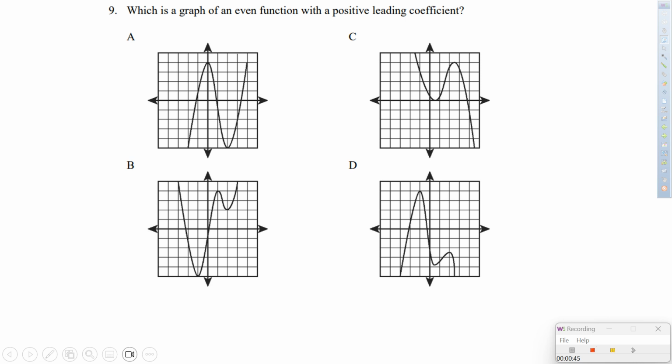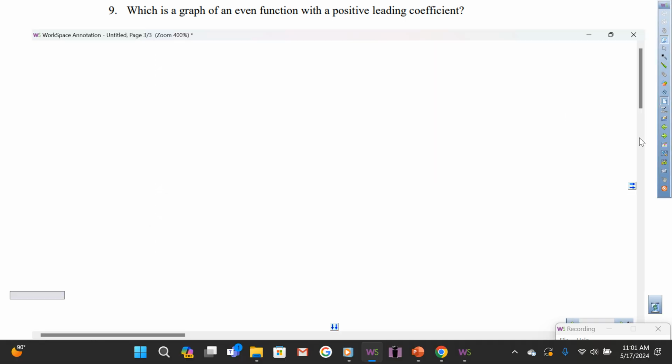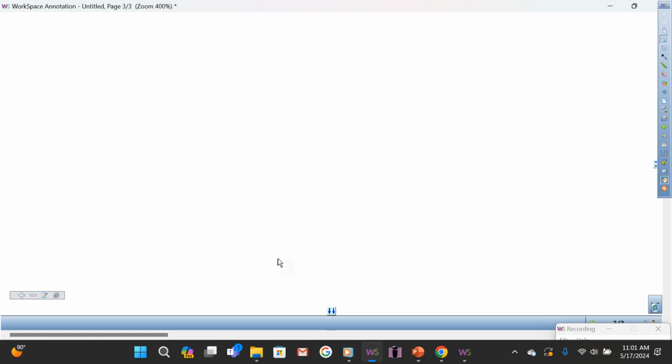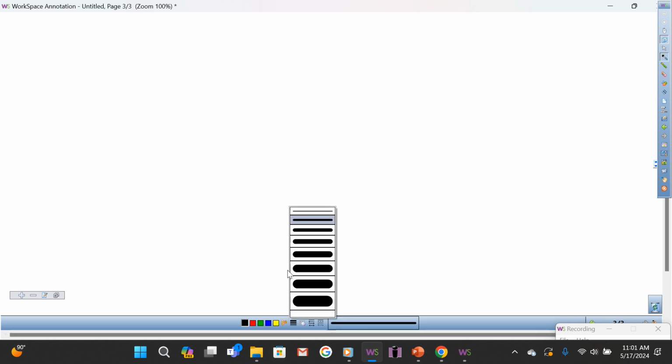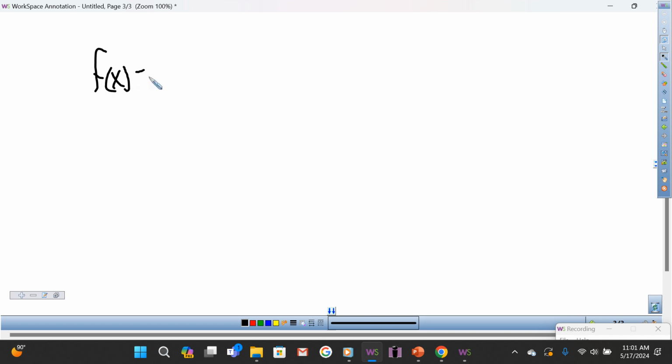Before I get there, though, look up, writing utensils down, quick recap. Is it zoomed in? All right, better. First parent function that we looked at was f of x equals x, straight line.